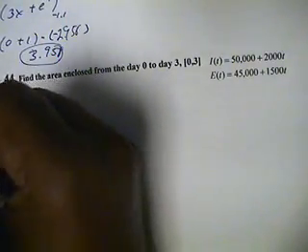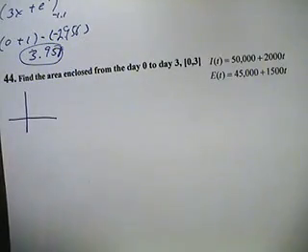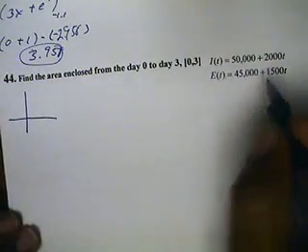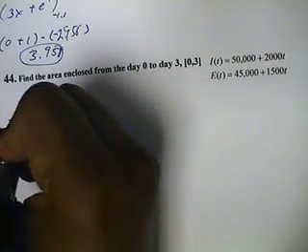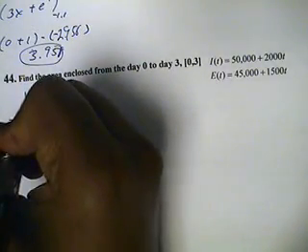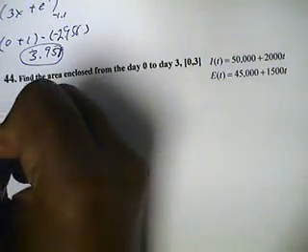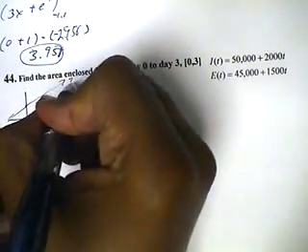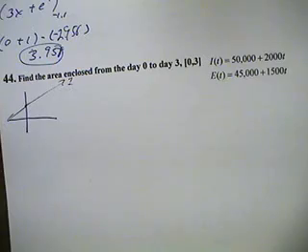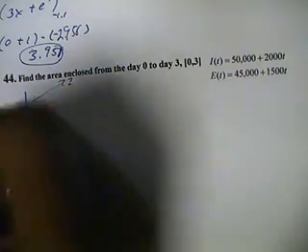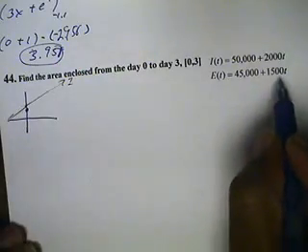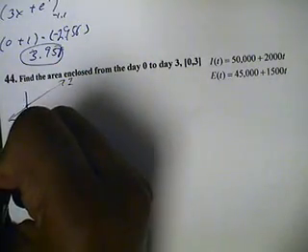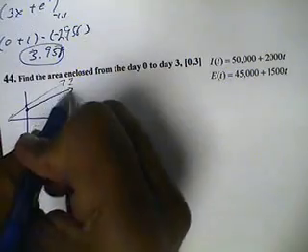Well, if I were to draw these two curves, my income has a starting point of about $50,000, and it increases by $2,000 every single year. So it's going up. So that's my income. My expenses start at about $45,000, it's a little lower, and they go up every year by about $1,500.